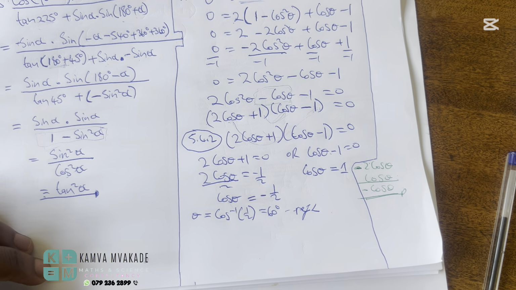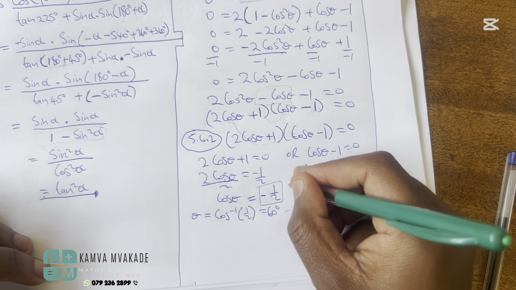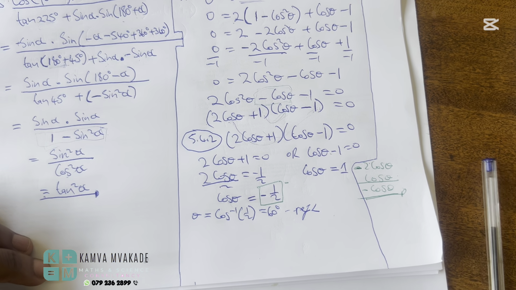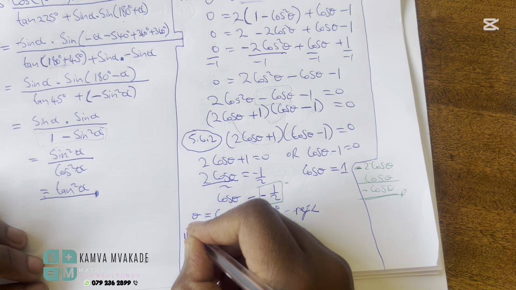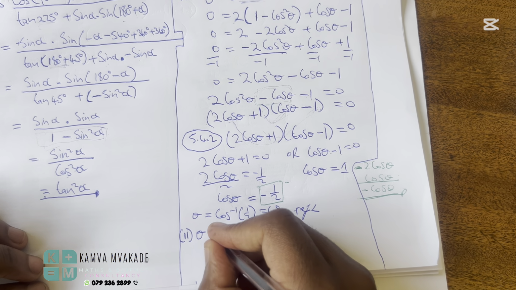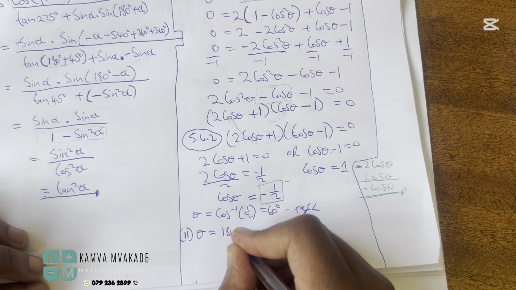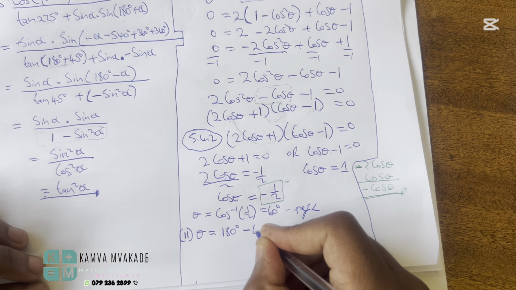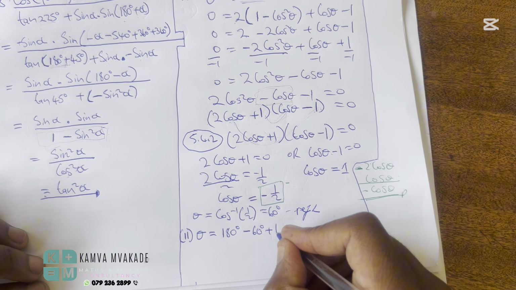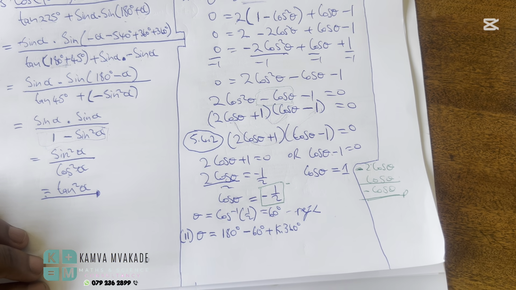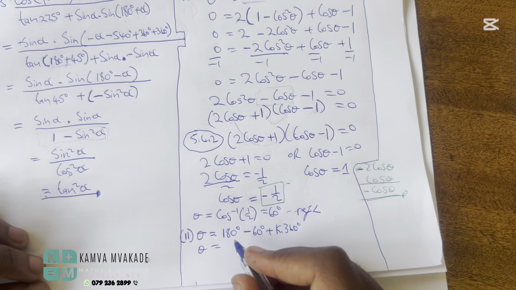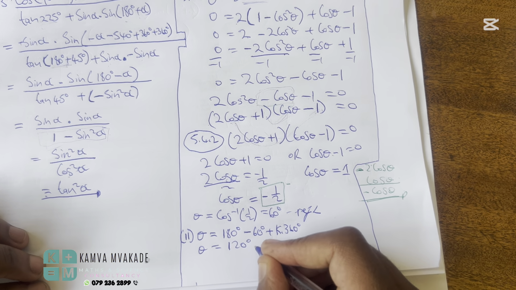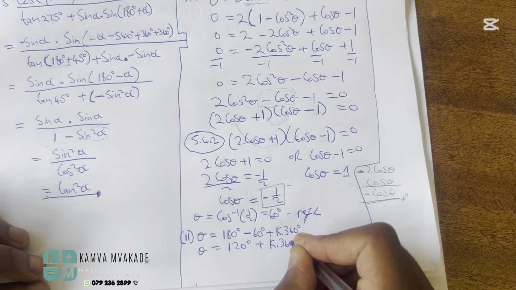Then our cos is negative. It is negative in which quadrants? Quadrant number 2 and 3. Now for quadrant number 2, we are going to say theta is equal to 180 degrees minus the reference angle plus k 360 degrees. And then theta is going to be 120 degrees plus k 360 degrees.